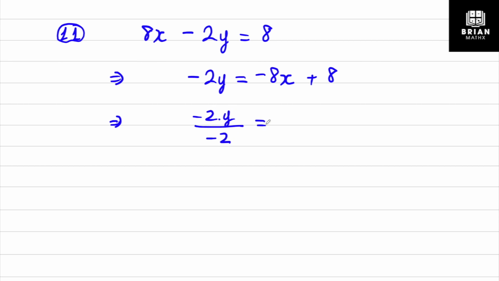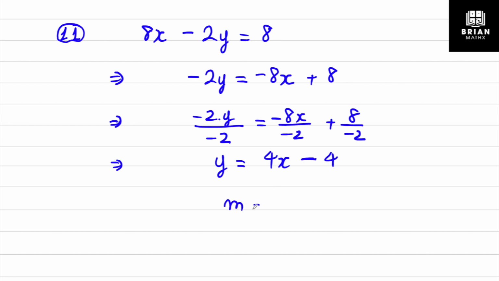Divide by -2. -8x divided by -2, and 8 divided by -2. So you get y equals 4x minus 4. This is negative, it is not 4 only, it is -4, because plus 8 divided by -2 gives the negative of 4. So m equals 4 now, and c equals -4 now.